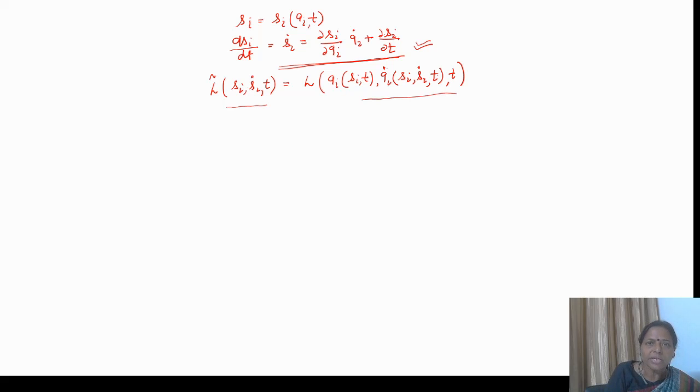It simply means that if a system is described in Lagrangian mechanics and you have a transformation of coordinates, then the Lagrangians defined by the two will be the same. There will be no difference in the Lagrangian, and therefore the Lagrange equations of motion will also be conserved. What are the Lagrange equations of motion?